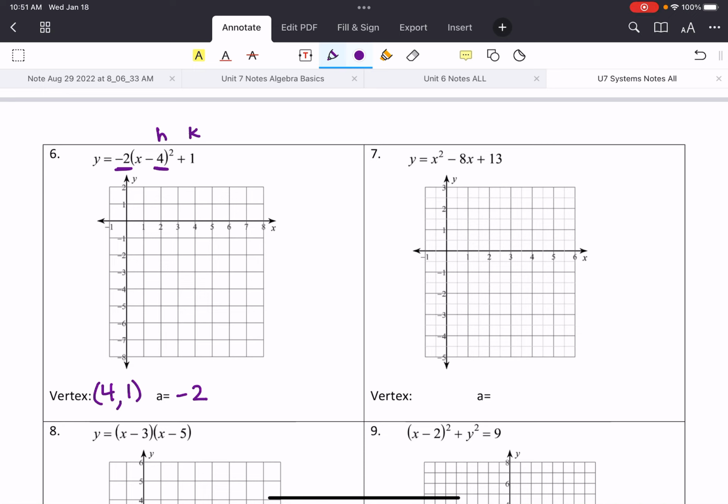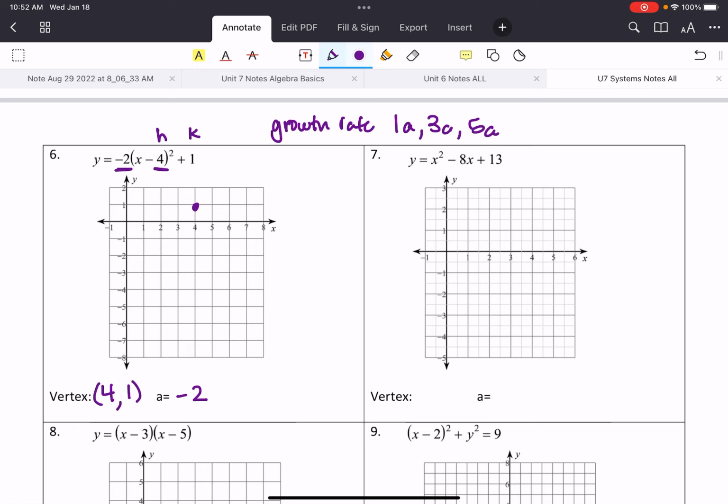I can go to 4, 1, which is right here. And then remember that my growth rate for parabolas, my basic one, is 1A, 3A, 5A. So if A is -2, I do 1 times -2, which is -2. So I'll go to the left one and down 2 and mirror it on the right.